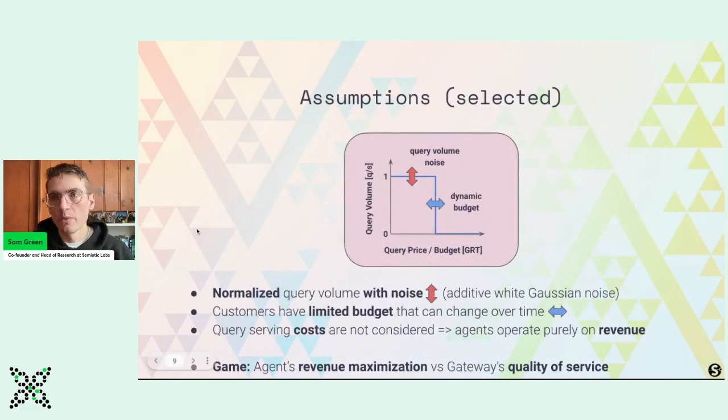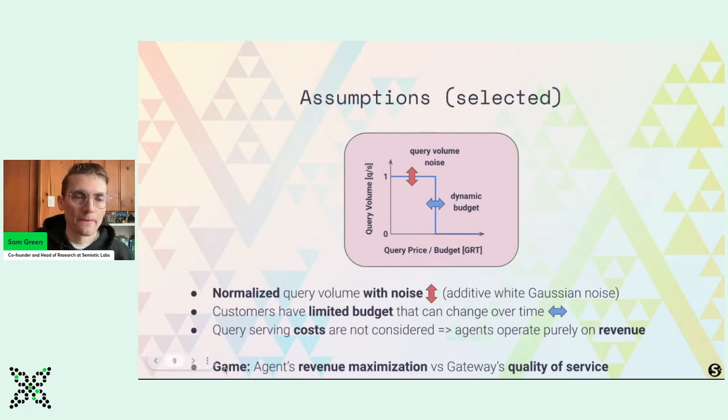Some assumptions that we had during training were that our query volume is parameterized by these two parameters. We have a query price that will adjust dynamically, and we have query volume that will adjust dynamically. Again, this is for development purposes, for training, or I'd say building the solution. What this is doing is generating queries for the simulations for the agents to train against.